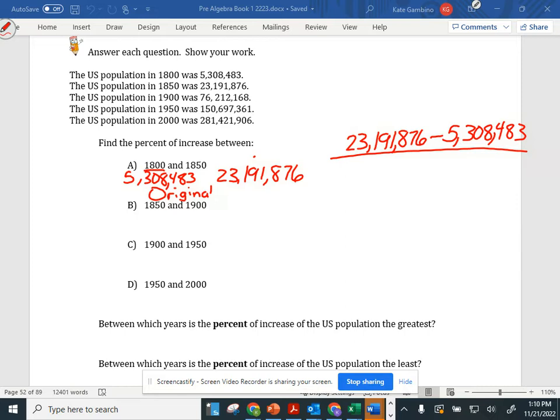Emmett? 5,000,000. Yeah, that original value. So the original value is going to go on the bottom as our denominator. Okay, because we don't want negative numbers, you always put the big number first. Doesn't matter which one is the original until you get to the denominator.